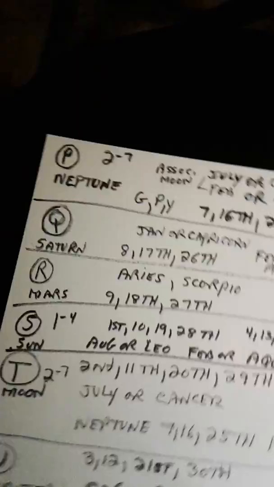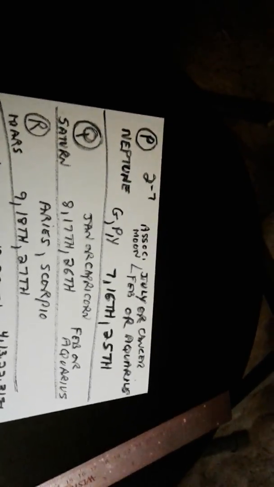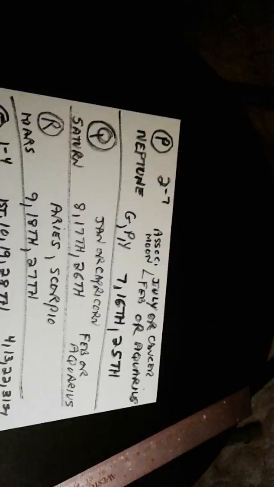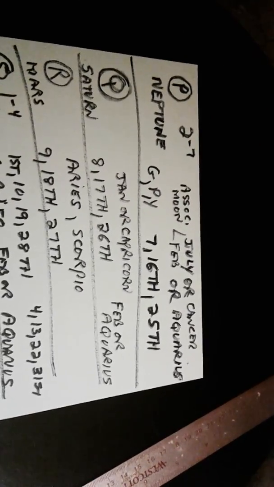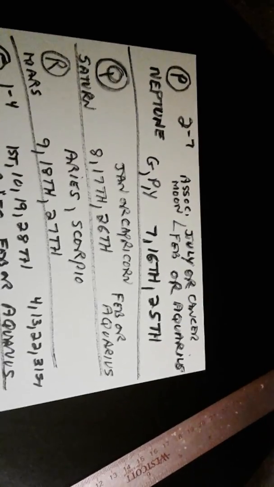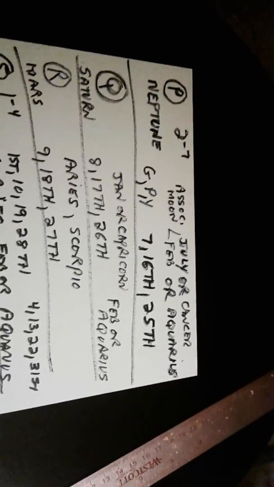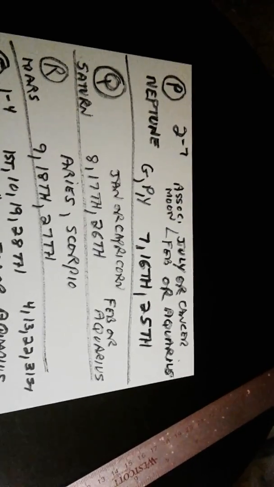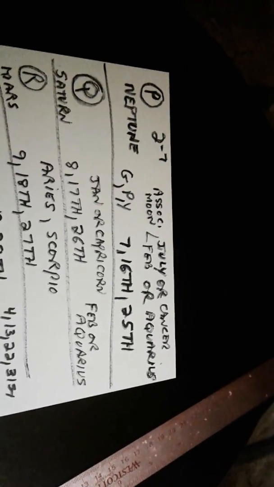Now, if we take the letter P, it's a Neptune letter. And because it's Neptune, it's associated with the moon, which is called 2-7. The moon is late June through July or Cancer, as well as February or Aquarius. Like I said, February Aquarius affects the Sun, the Moon, and Saturn.